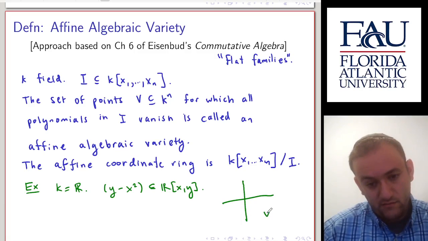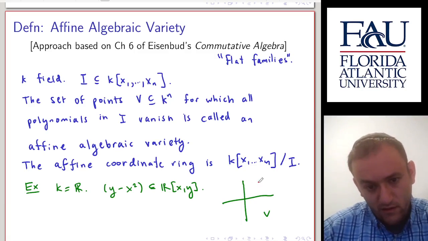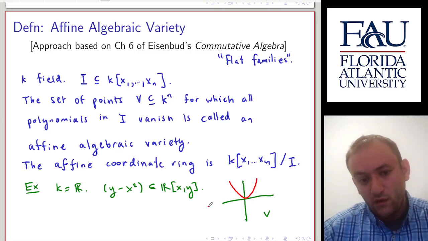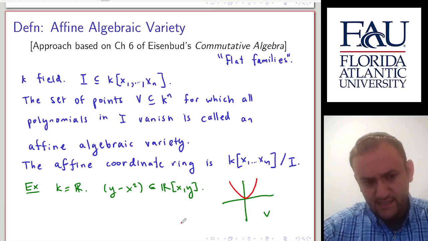Okay, then the corresponding variety V is simply, let's do this in red, the parabola where y is equal to x squared, because that's exactly where those polynomials will be equal to 0.